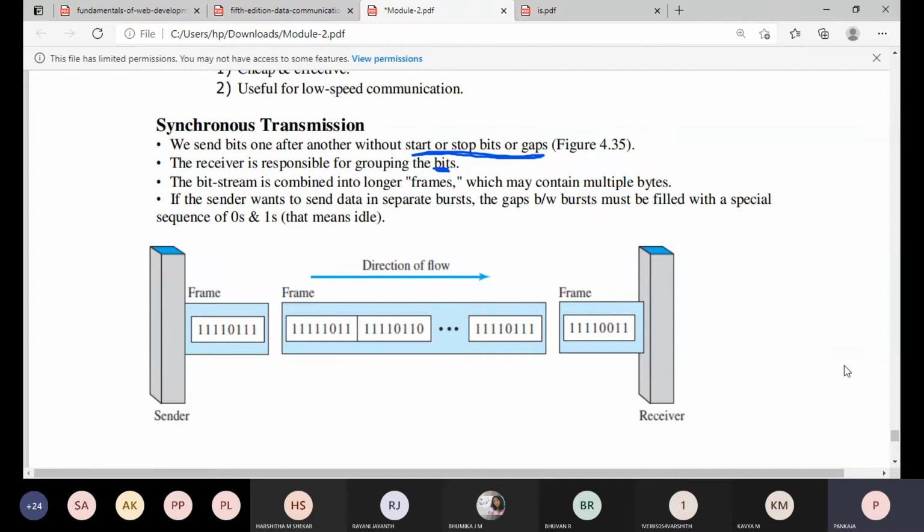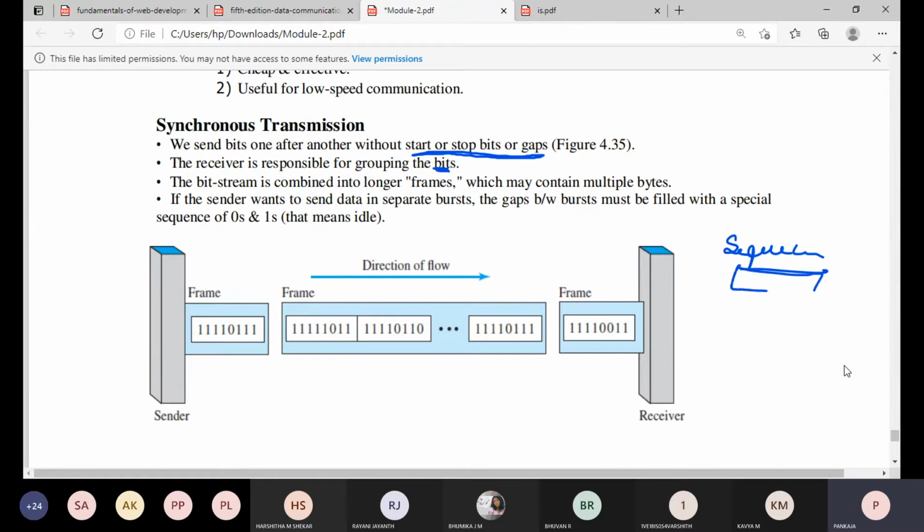Here the data is sent in the form of frames. It is once again a sequence or series of bits. The bit stream is combined into a longer frame which may contain multiple bytes.